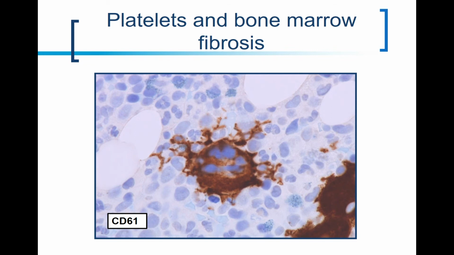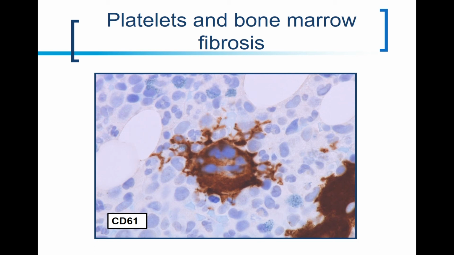So I'm going to tell you a little bit about the story of why megakaryocytes are so clever. Although they create platelets which are incredibly inflammatory and incredibly prone to cause fibrosis, they don't do this in the normal bone marrow. And unfortunately, they have a tendency to do it in a myeloproliferative bone marrow. This is another stain, given the glorious name of CD61, which stains megakaryocytes brown because it's staining the platelets brown.